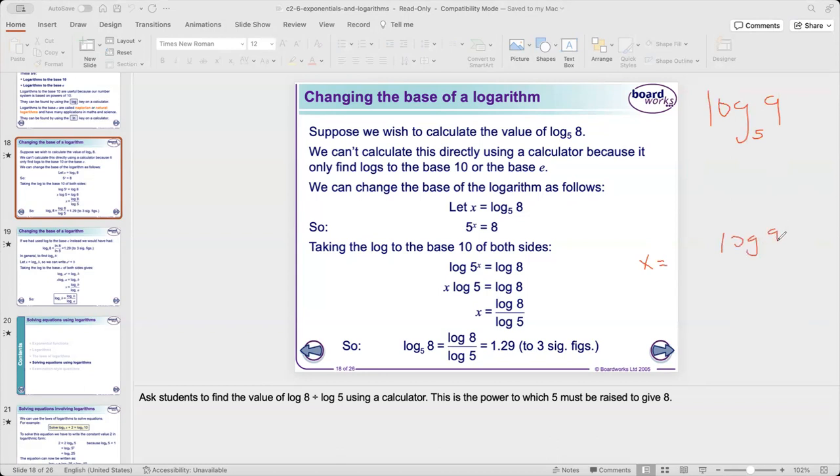You can pause it before you have a go. Then you can put that on the calculator. So log 9 divided by log 5 gives you 1.36.